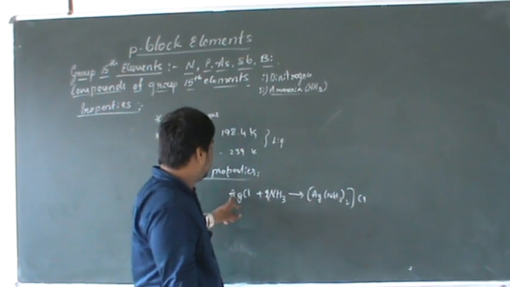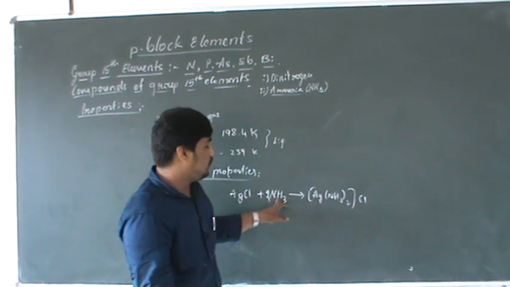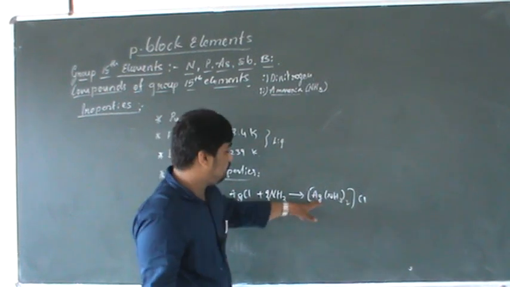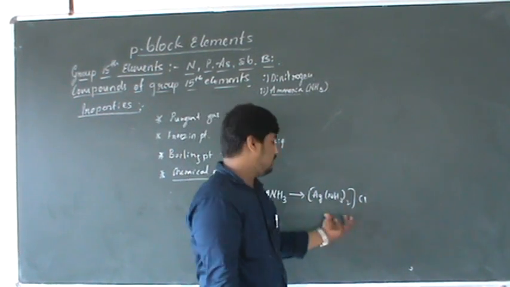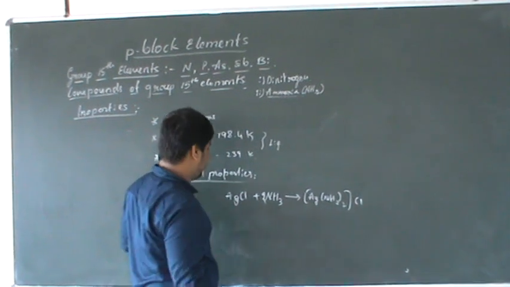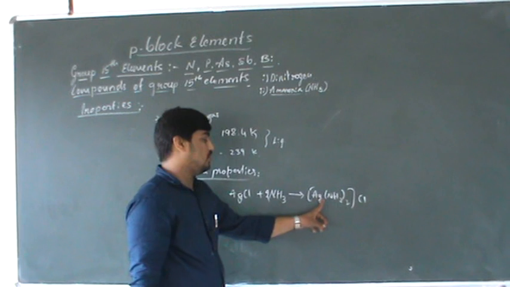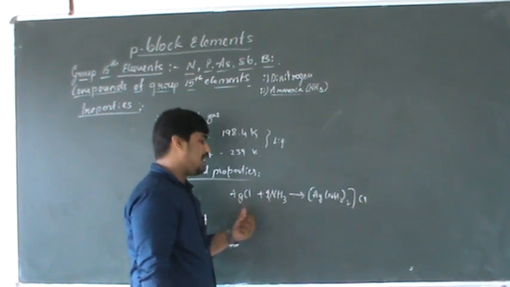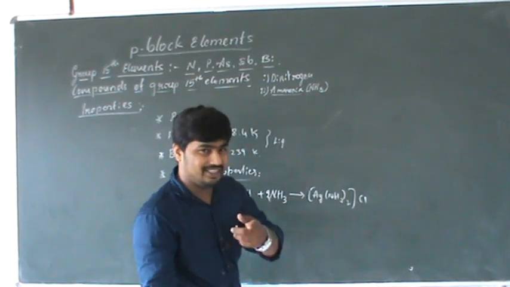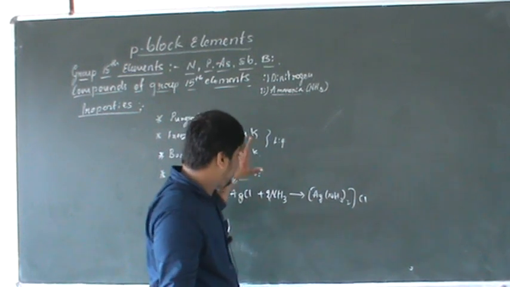You should represent it: AgCl, silver chloride, reacts with ammonia and forms a complex. Again, the white color precipitate dissolves.